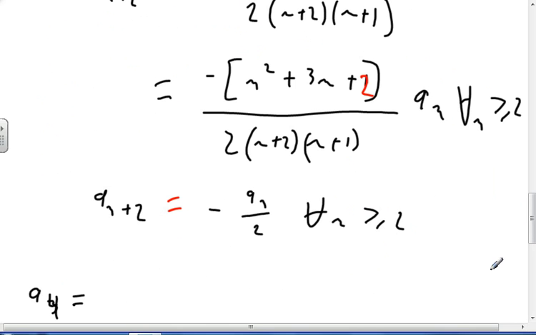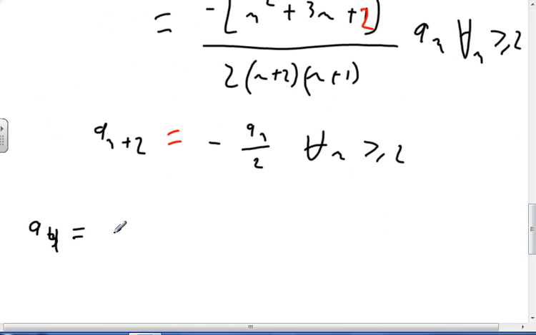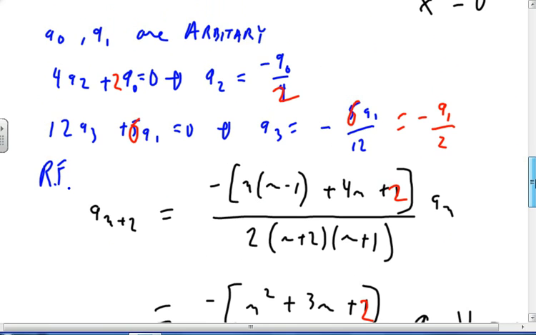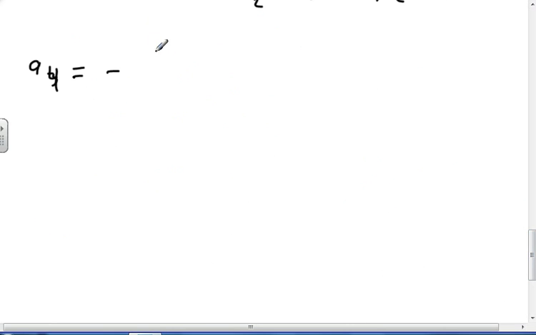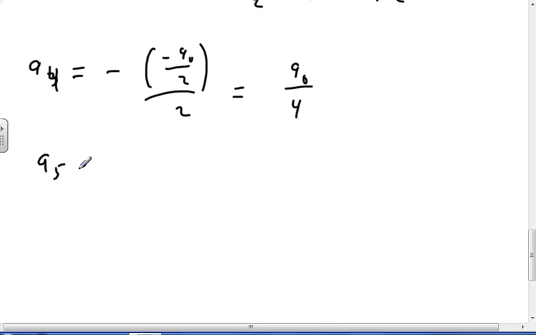So A4 is going to be minus A2, which is minus A0 over 2 divided by 2, which is going to be A0 over 4. And A5 is going to be minus A3, which is minus A0 over 2 divided by 5, which is going to be A0 over 10.